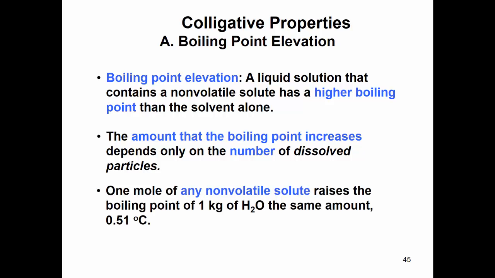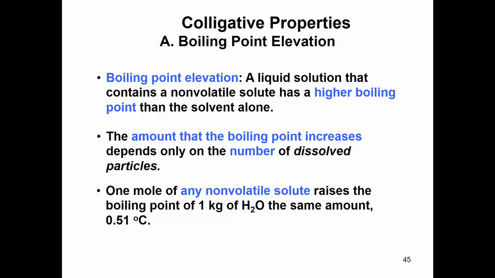We have a rule here that we can use. If you have 1 mole of a non-volatile solute, it's going to raise the boiling point of 1 kilogram of water the same amount.